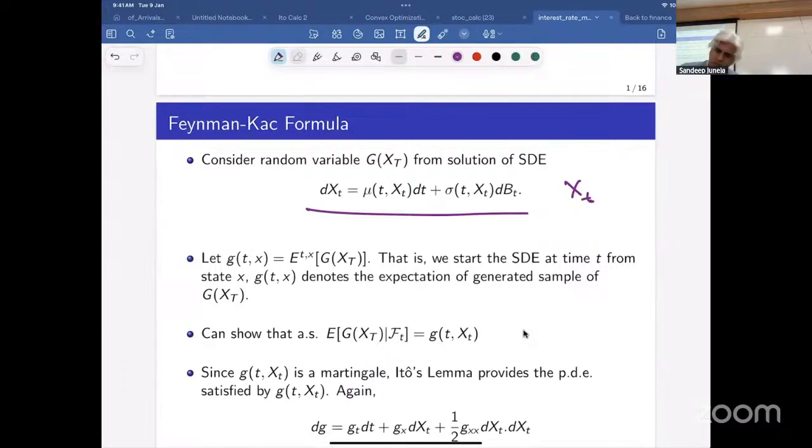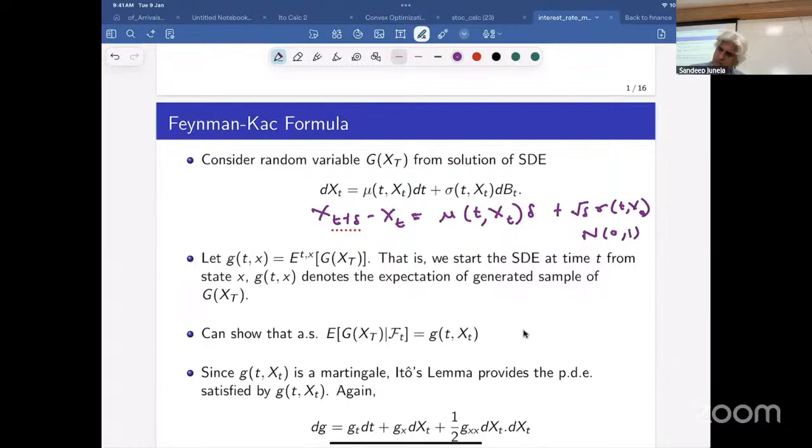And again, the way to think about this is, you have this Monte Carlo model in your mind that I can generate x(t+delta) minus x(t) is roughly equal to mu(t, x(t)) times delta plus square root of delta times sigma(t, x(t)) times a normal(0,1).